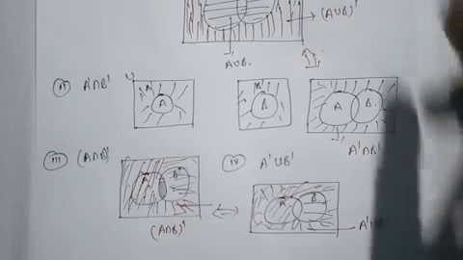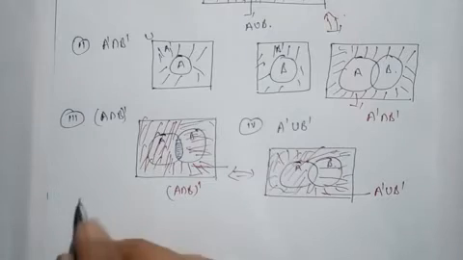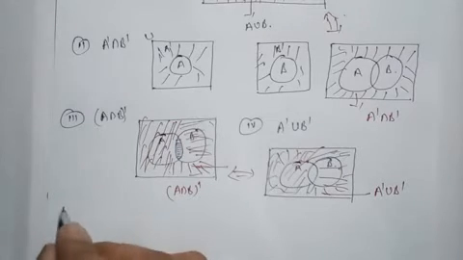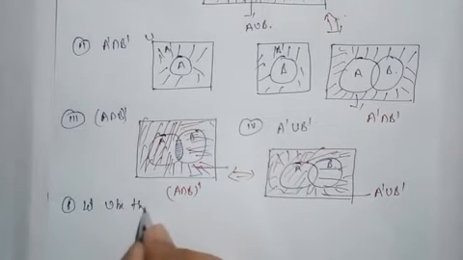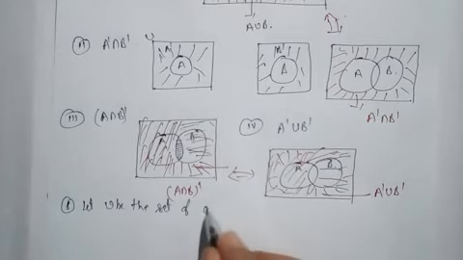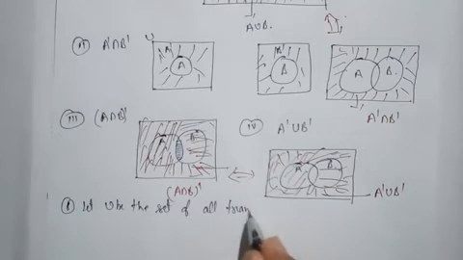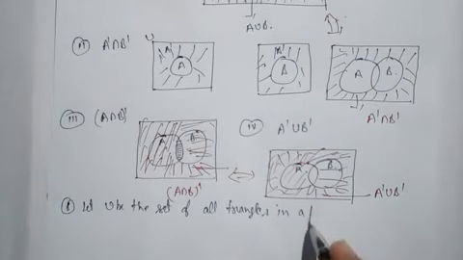Now question number 6. Let U be the set of all triangles in a plane.